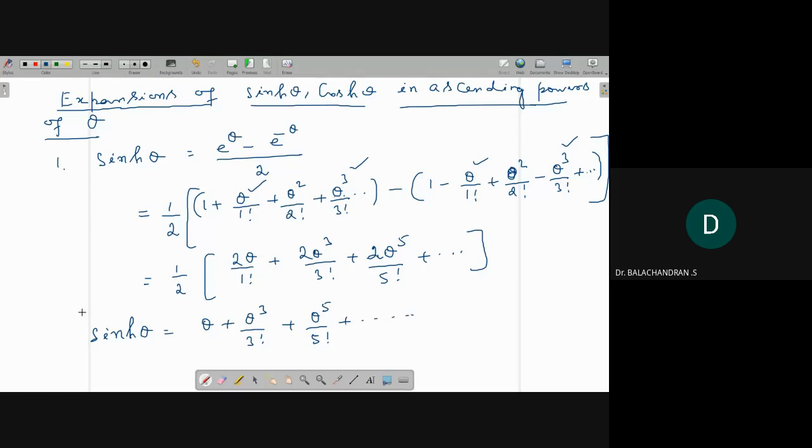So this is the expansion of sin h theta in the ascending powers of theta. Now suppose you have cos h theta, then here we have plus, and here we have plus. So please tell your answer.